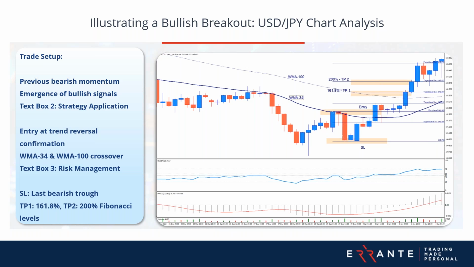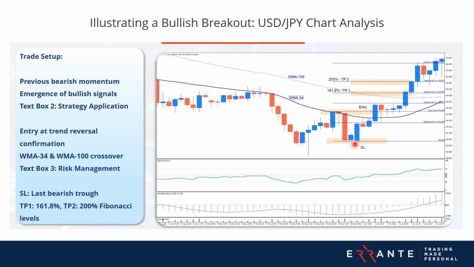However, a disciplined approach to risk management is demonstrated on the chart as well. The stop loss level, as you see here, is strategically placed at the last significant bearish bottom to protect the trade from any sudden downturn in case our analysis is wrong or the price action is just the consequence of a very, very short-lived bullish sentiment in the market.